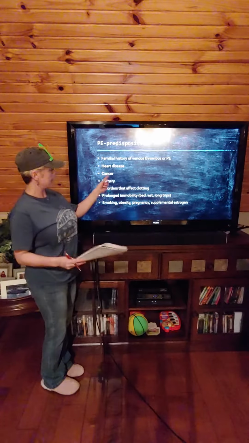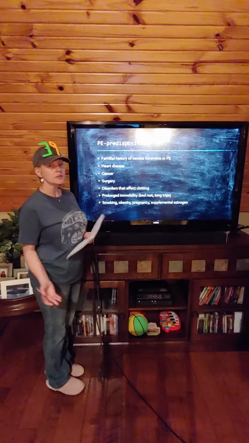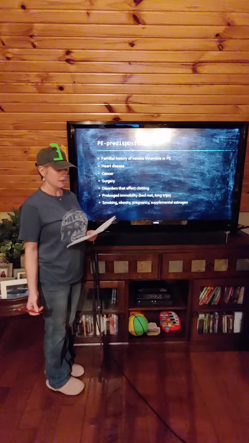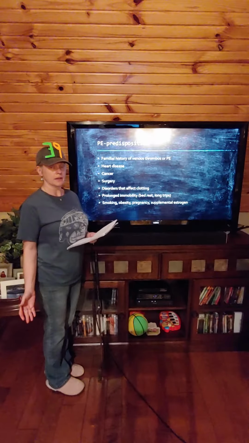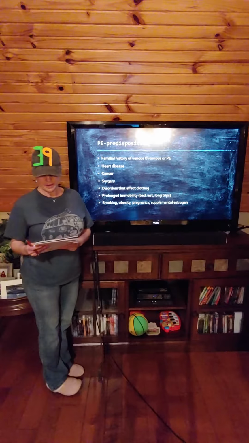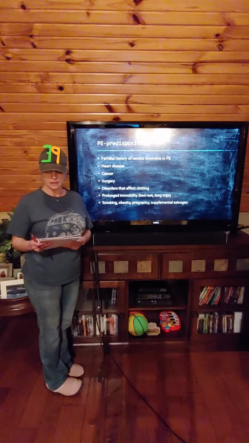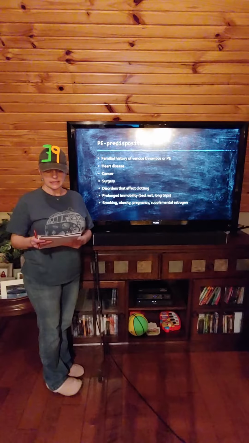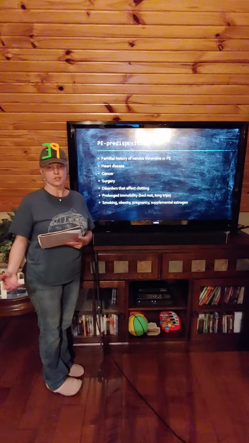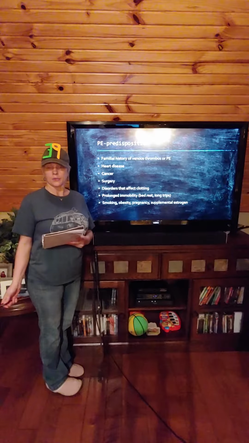Cancer, looking at that here. So certain kinds of cancer can even make your chances higher of having a PE, as if having cancer isn't bad enough. But if you have brain, ovarian, pancreatic, colon, stomach, lung, kidney, or a metastatic cancer, so a cancer that started somewhere and spread somewhere else, you're at high risk for clotting.